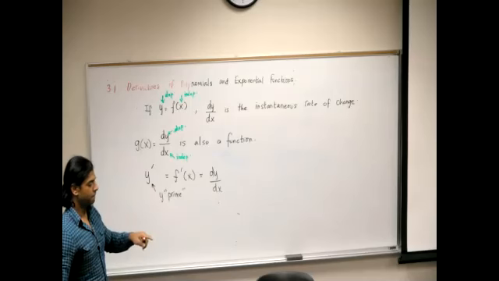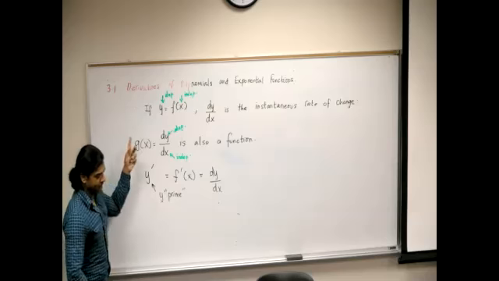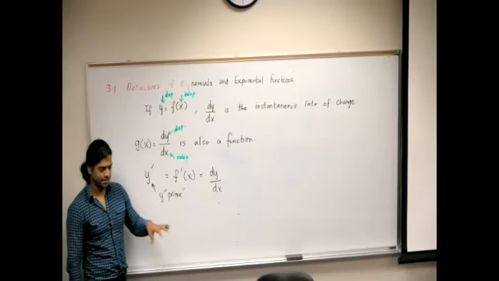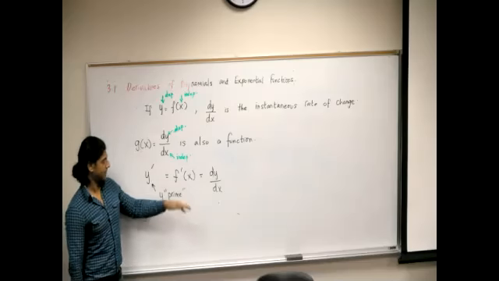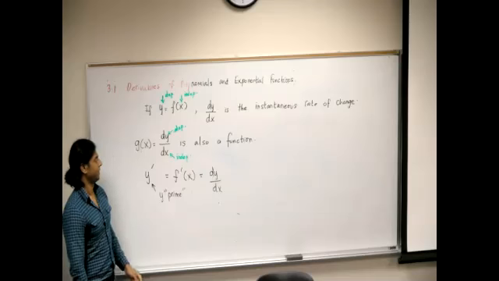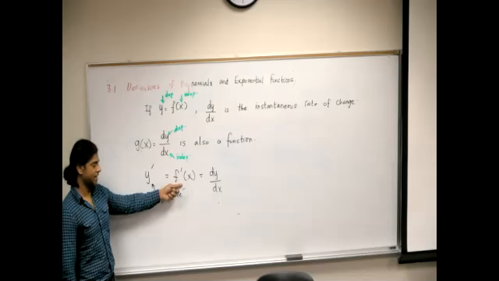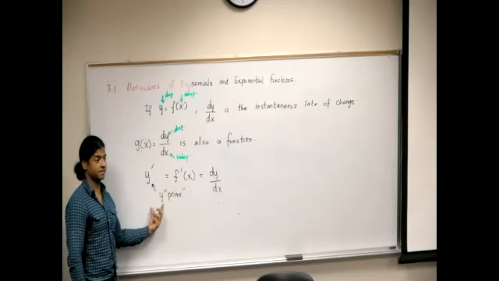Good. Well, I have a function, I take the derivative, I get y prime as a notation, which is f prime of x. This is also a function, which means I can take the derivative of this.